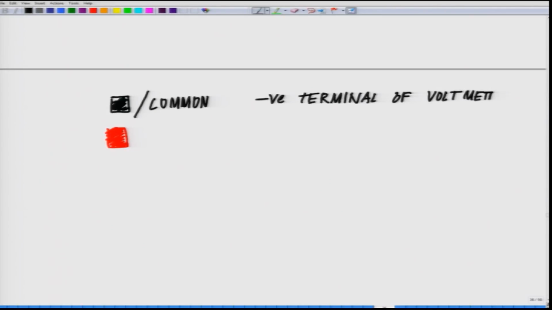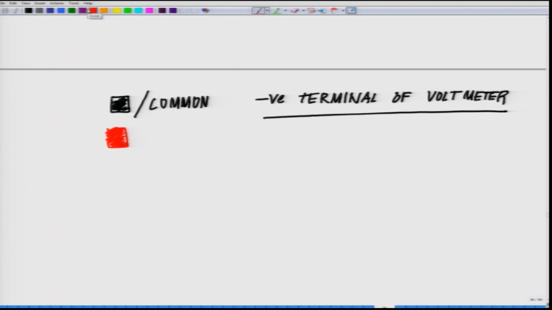The negative terminal of a voltmeter is sometimes also labeled as common. This one is also called common, and this is your negative terminal of the voltmeter. Keep this in mind, this may come very handy.